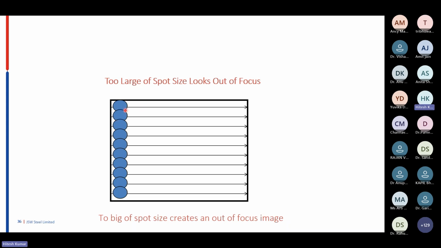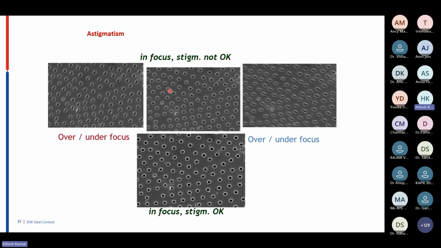If the resolution is not good, the image you get is not focused, and you are not going to get proper information from your sample. This is another example of stigmation. Let's suppose your sample is focused like this, but the stigmation is not proper.